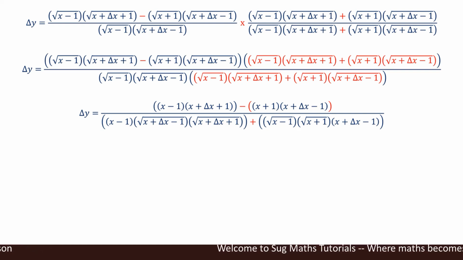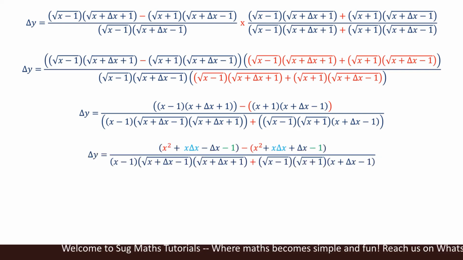Yes, now look at this. So in the numerator, we still have brackets, right? Good. Let's open the bracket. So when we open the bracket in the numerator, we are going to use x minus 1 to multiply the bracket and then x plus 1 to multiply the other bracket, right?